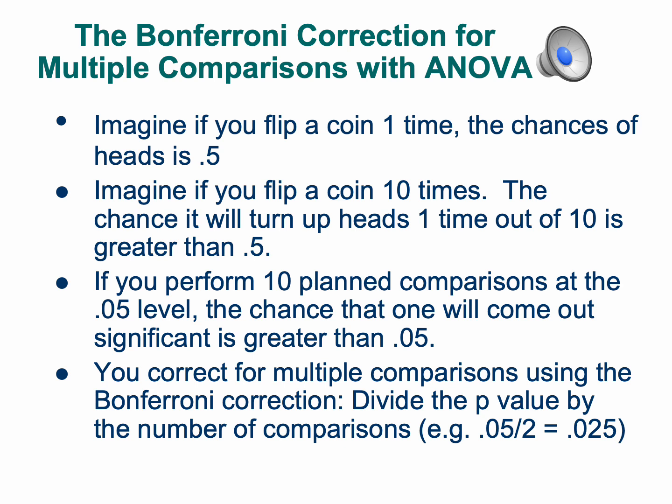Well, now we've got a p-level of 0.05, or 5%. Imagine if you flip a coin one time, the chance of heads is 0.5. If you flip a coin 10 times, the chance that it will turn up heads at least once out of 10 is greater than 50%. So if you perform 10 planned comparisons at the 0.05 level, the chance that one will come out significant is greater than 0.05.